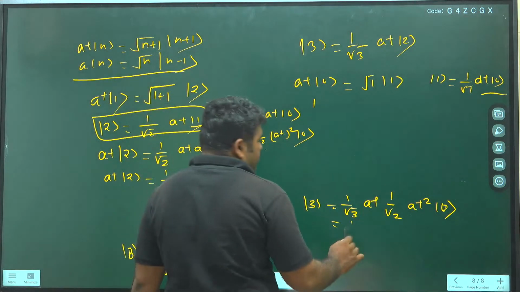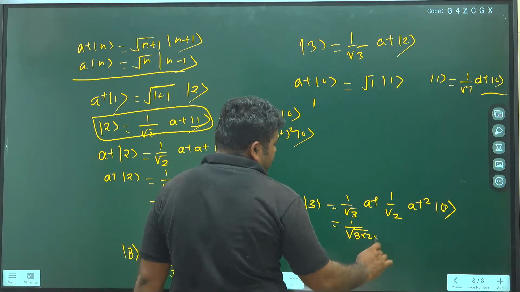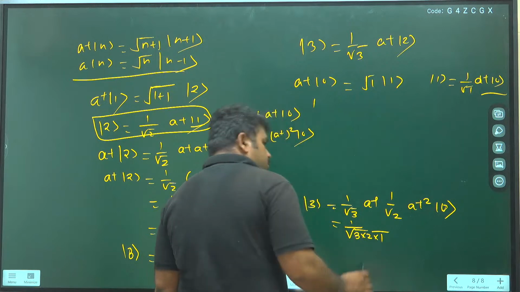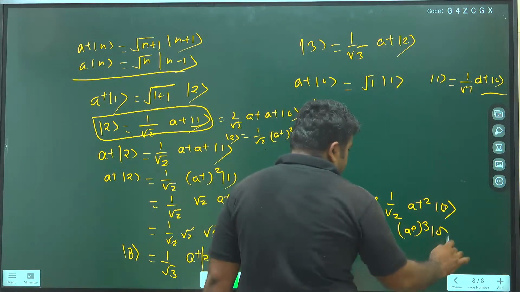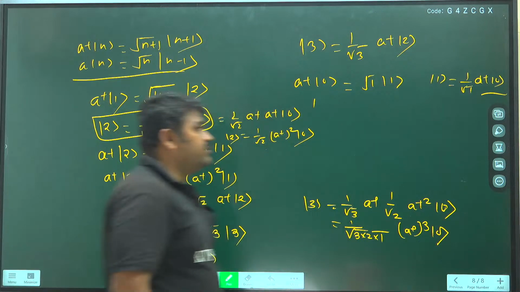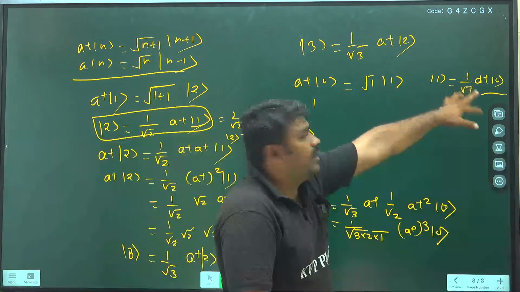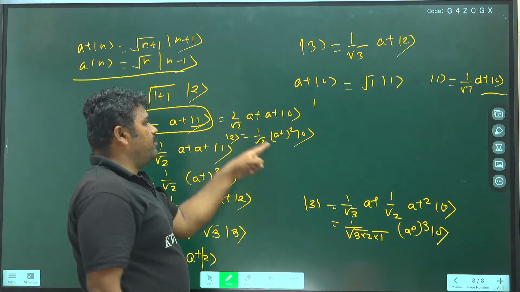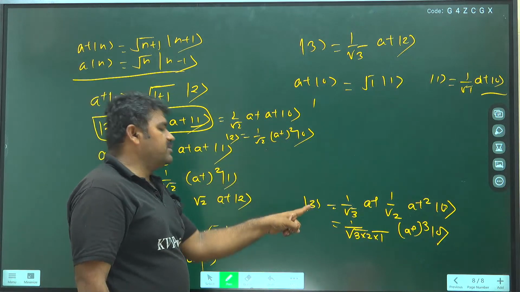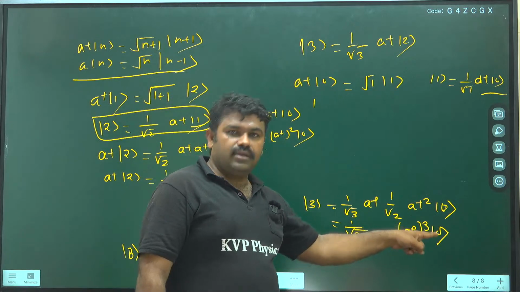So this is equal to 1/√6, and we can write 1 2 3, into a dagger raised to 3 ket 0. When we had 1 it was 1/1 a dagger ket 0, when we had 2 it was 1/√2 a dagger square ket 0, and when we have ket 3 it is 1/√(3·2·1) a dagger raised to 3 ket 0.